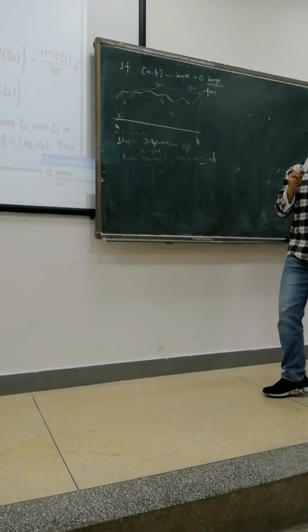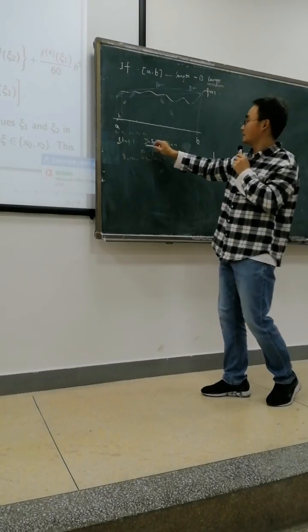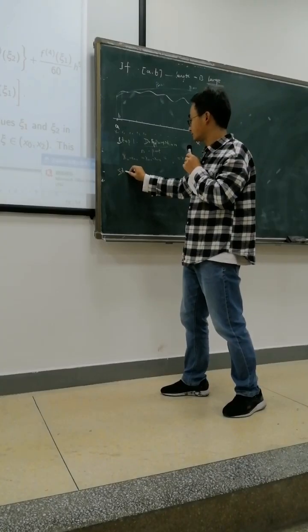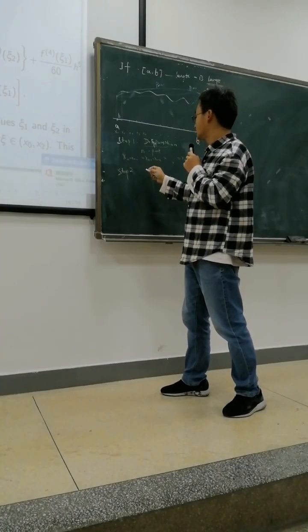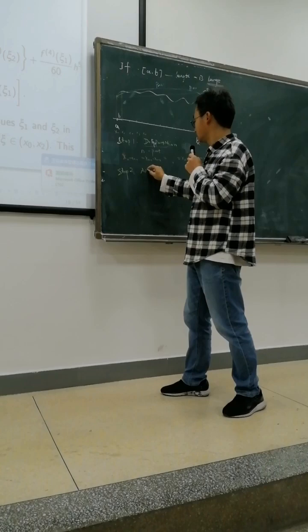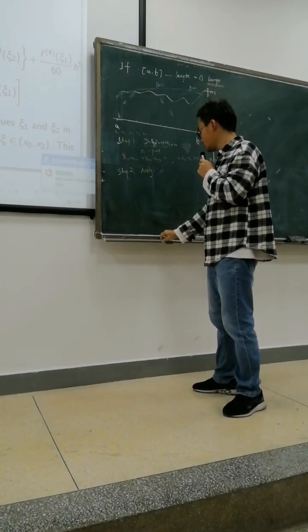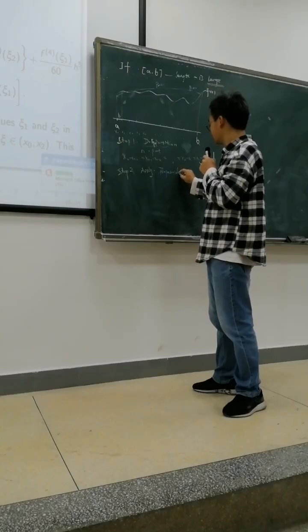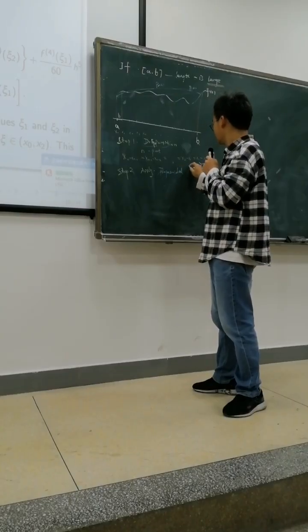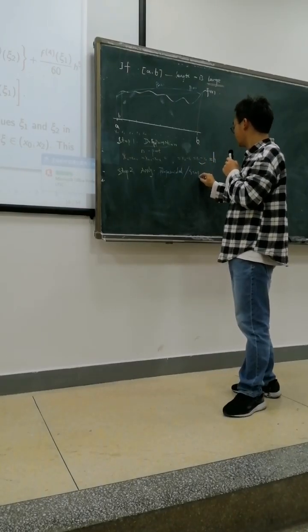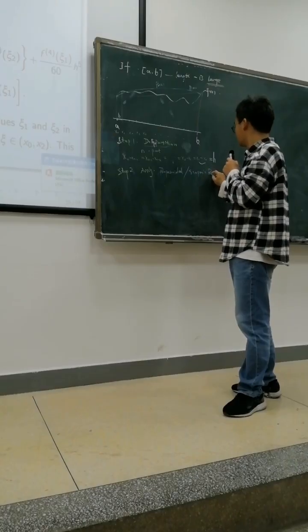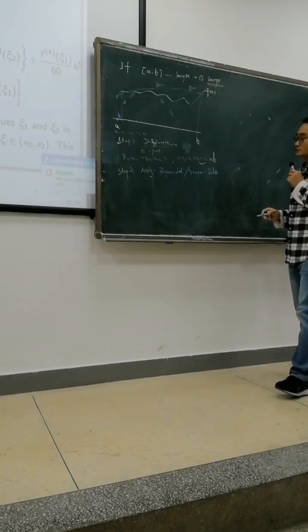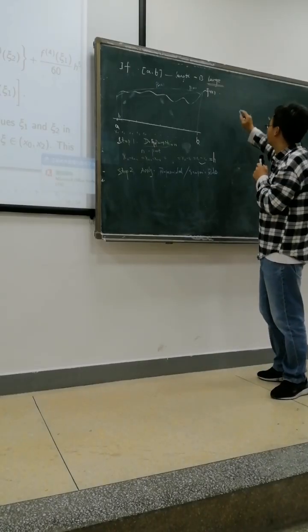What will happen? So first we do equal partition, then step 2, we apply the trapezoid rule or Simpson's rule. If we apply these two rules, what will happen?